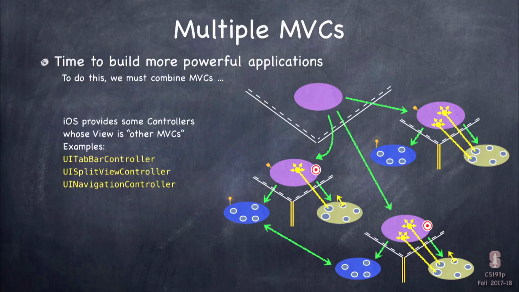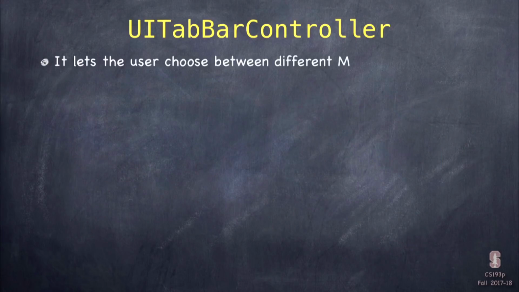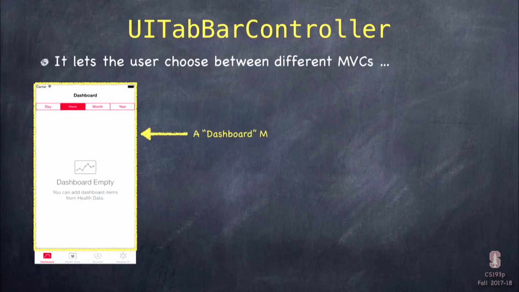There are other ways to combine MVCs that we'll talk about later in the quarter, but this is the primary way. Those 3 are the controllers of MVCs. So let's look at them one by one.